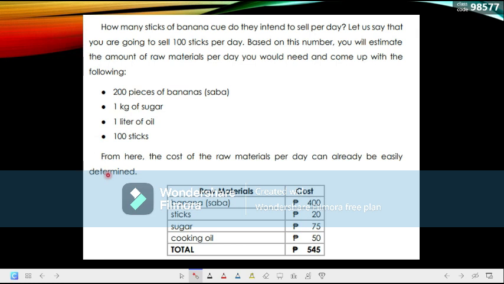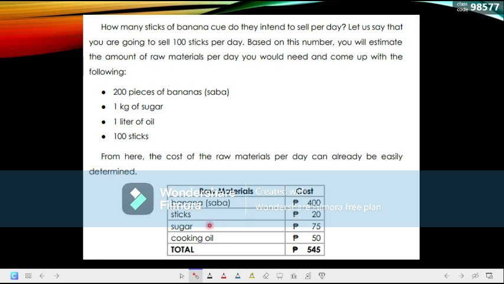So, from here, the cost of the raw materials per day can already be easily determined. So, for the banana, since it's 2 pesos per piece and you need 200, that's 200 times 2, a total cost of 400. For the sticks, since you need 100 sticks, and there are 100 sticks per bundle, which is 20 pesos, you have here 20 pesos.